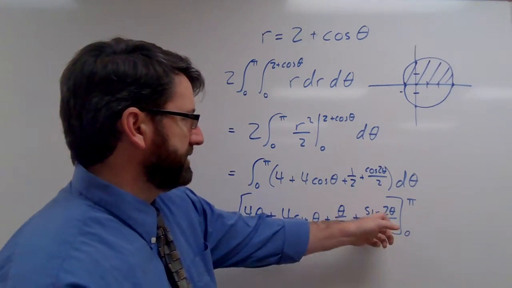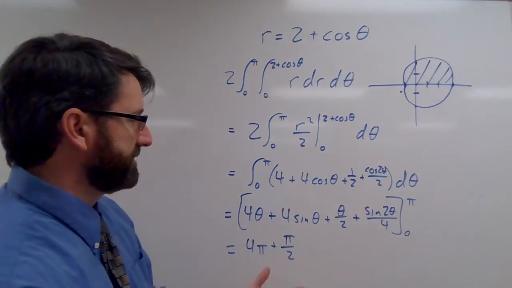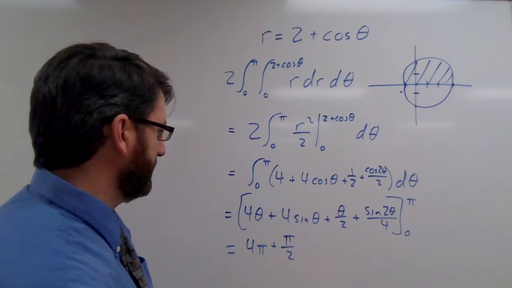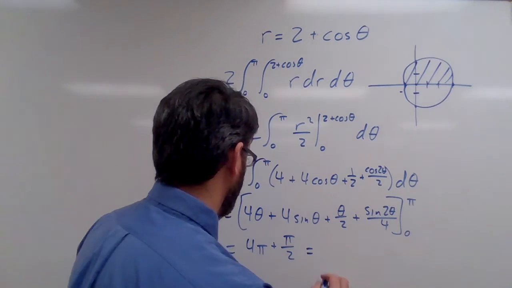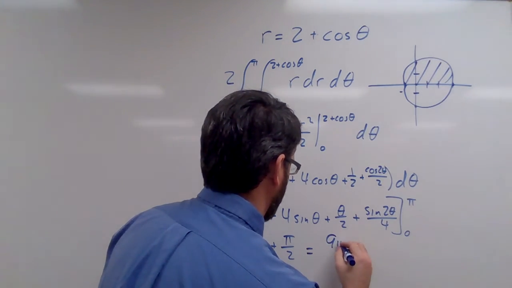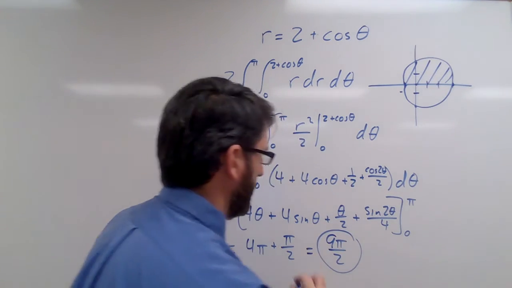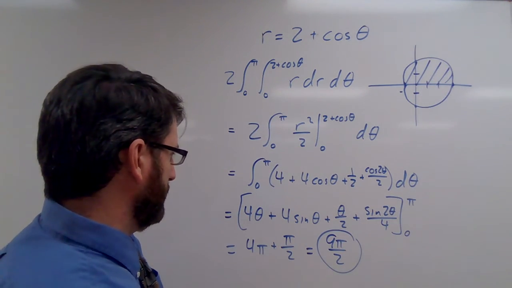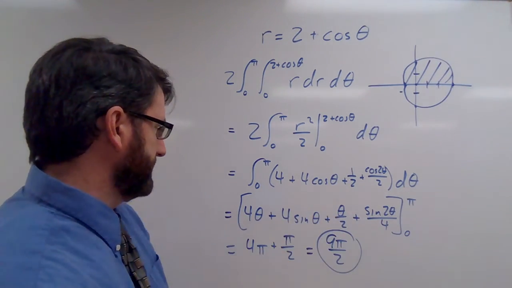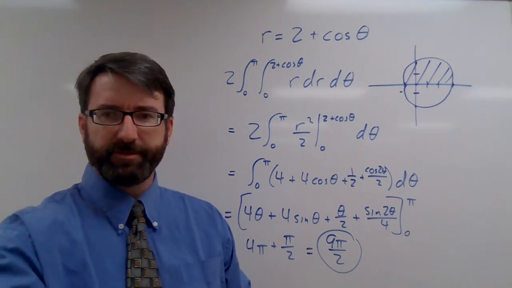And then sine of 2 pi is also 0. So this is just going to be 4 pi plus pi over 2, which is 9 pi over 2. Oh, yeah, that's right, because our 0 is going to give us zeros all the way across. So 9 pi over 2 is going to be our answer.